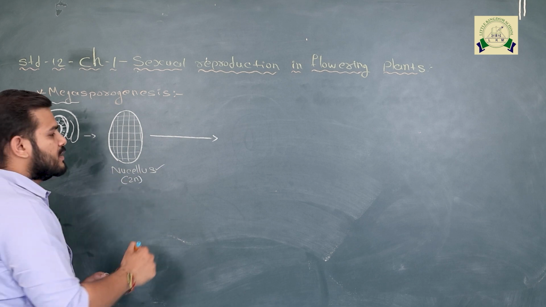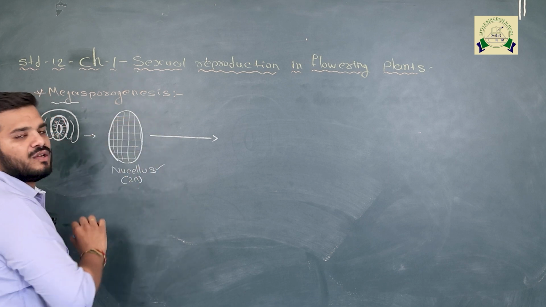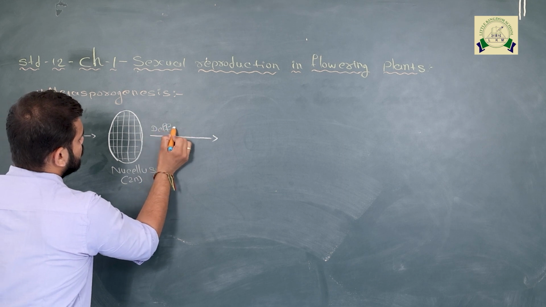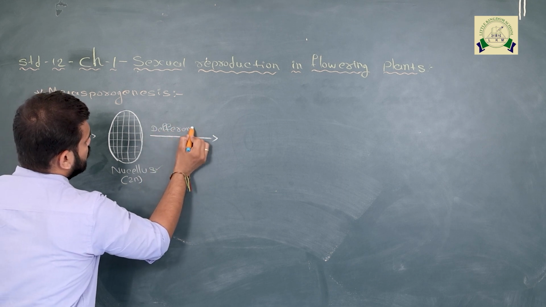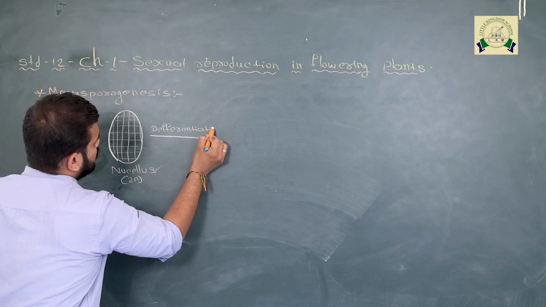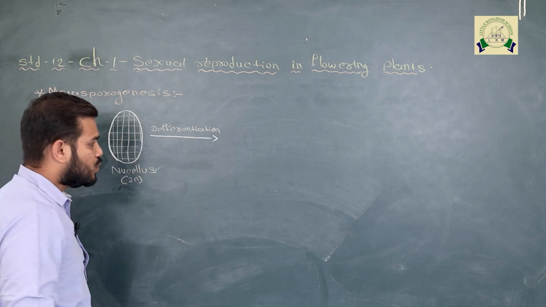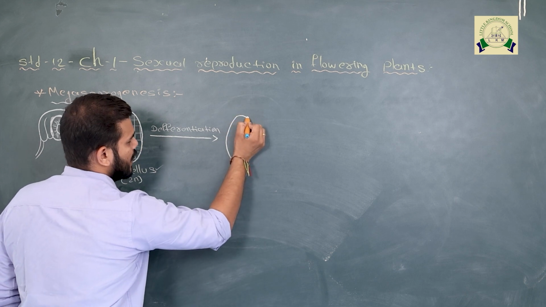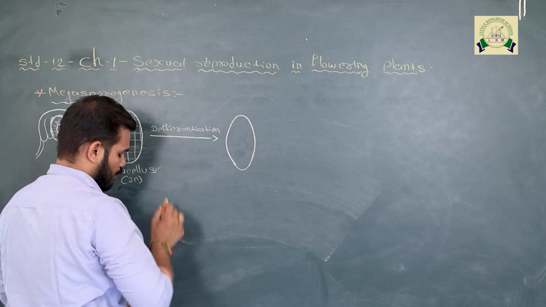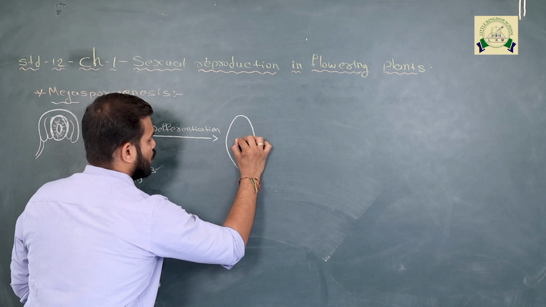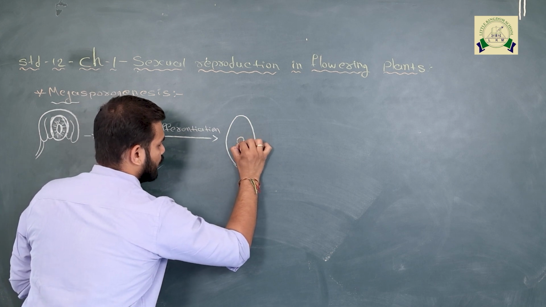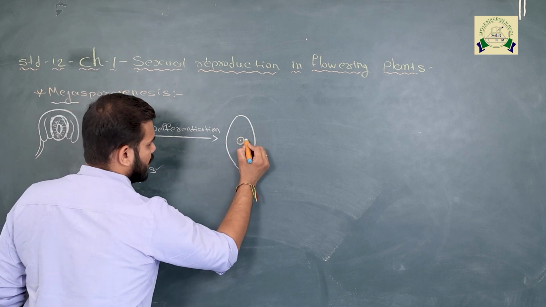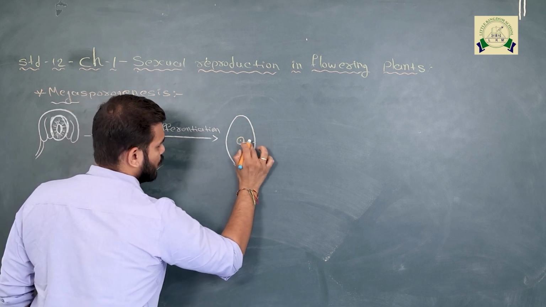But in this case, any one cell of the nucellus undergoes differentiation to produce the megaspore mother cell. Clear? So this orange colored structure indicates the megaspore mother cell.